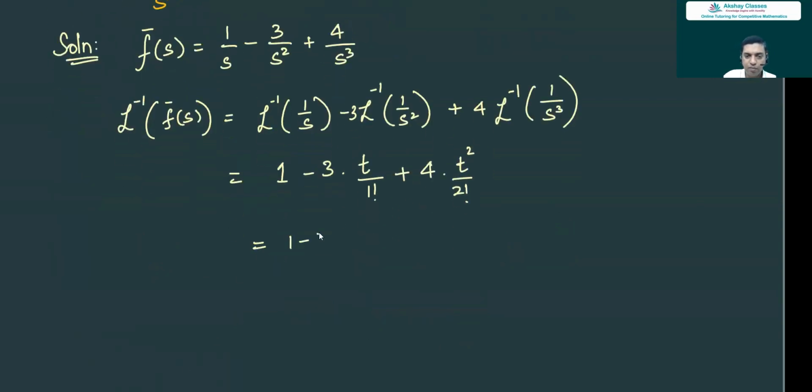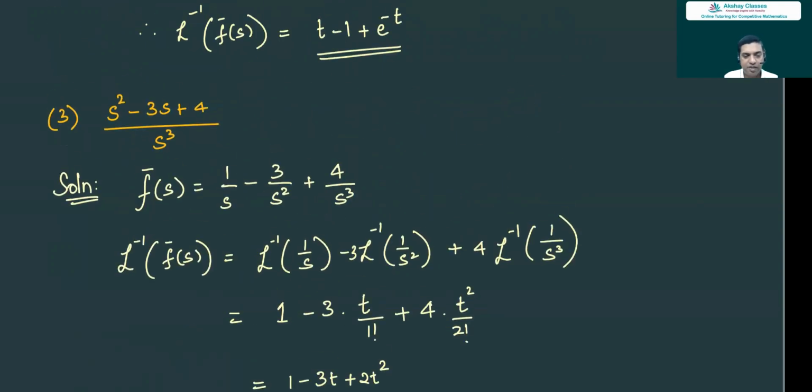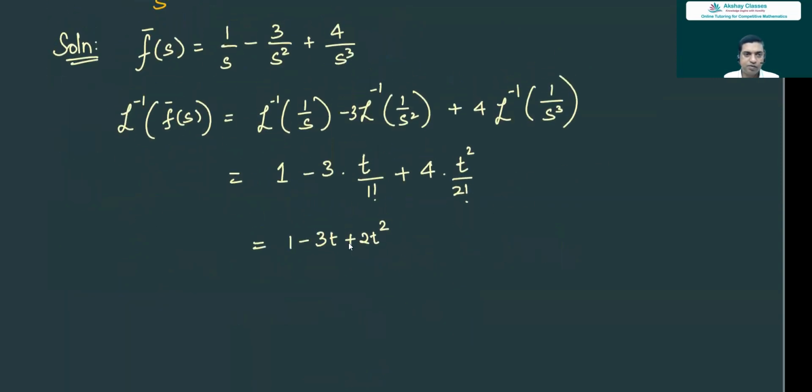So we get 1 minus 3t plus 2t square. This is the Laplace inverse of this function. Now these were very simple. Let's move to slightly more difficult problems.